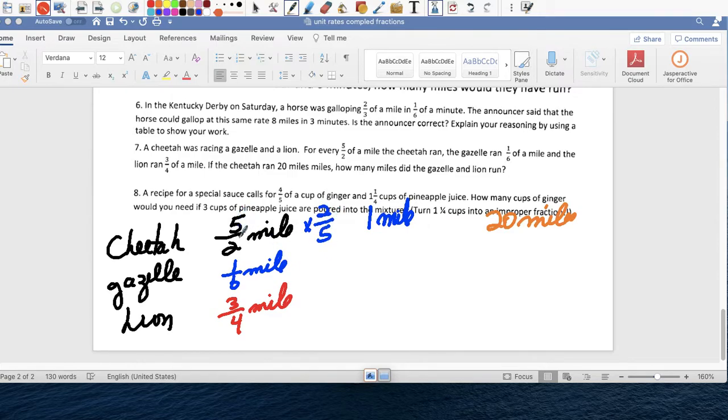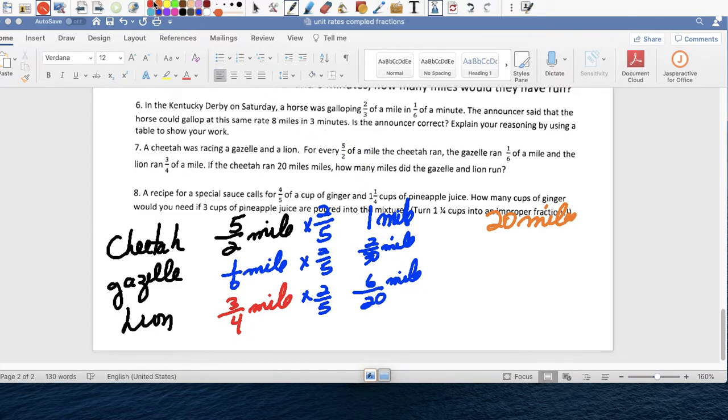So 5/2 times 2/5, that is 1 mile. That means the gazelle, I'm going to multiply by 2/5. It's going to be 2/30, 1 mile. And then here times 2/5. And that's going to be, I'm not going to simplify right now, 6/20. So when the cheetah runs 1 mile, the gazelle runs 2/30 of a mile, or 1/15. And the lion runs 6/20 of a mile, which is 3/20.